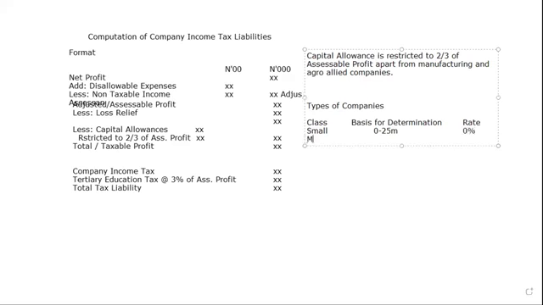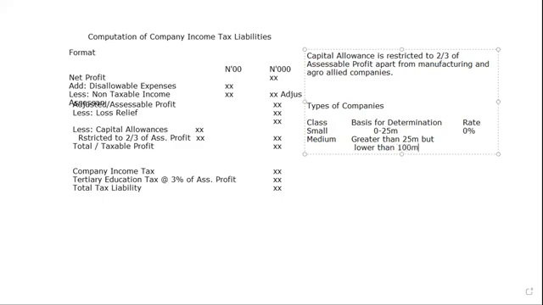Now, the second class of company we have is medium-sized company. How do I know a medium-sized company? A medium-sized company is greater than 25 million, but lower than 100 million.